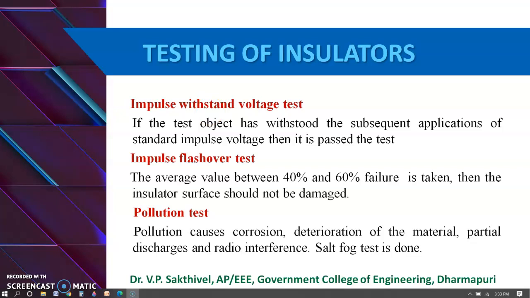Then finally we have to conduct the pollution test on the insulator. Due to the pollution problem of outdoor electrical installations and the consequent problems of maintenance of electrical power systems, pollution testing is gaining much importance. The normal types of pollution are dust, microorganisms, bird secretions, flies, etc. Then industrial pollution like smoke, petroleum vapors, dust, and other deposits.